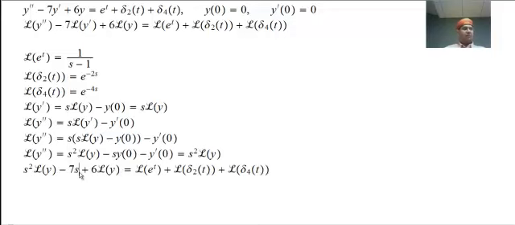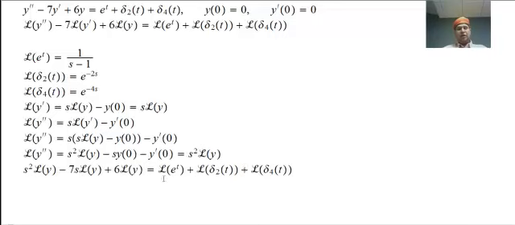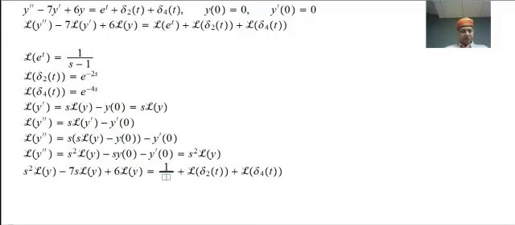Everybody clear? And then this we just got with Daniel's help: 1 over s minus 1. This is e to the negative 2s, and this guy is e to the negative 4s. Tell me, how do we look so far?